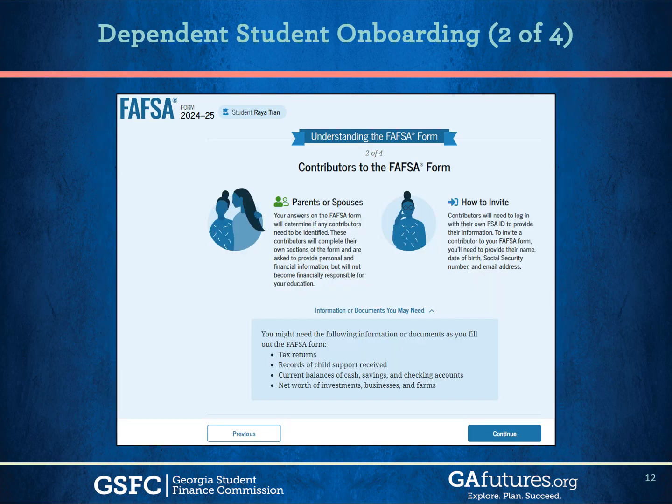The second FAFSA onboarding page provides information about the different roles that may be required to participate in the student's FAFSA form and documents that may be needed to fill out the form.